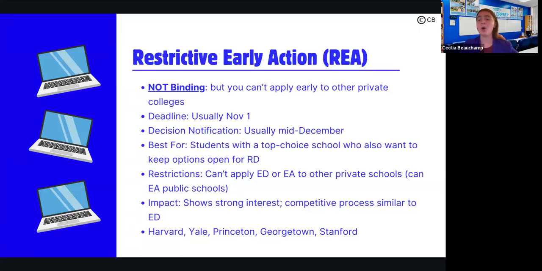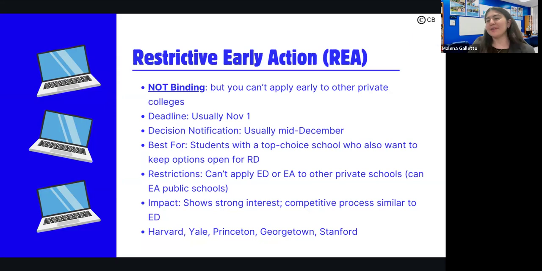So for me, I ended up REAing to a specific school and then doing a few regular decision applications. And I'm so glad I did that because once I got into Harvard regular decision, the coach offered me a spot on the team. And so that's a switch up that I did last second. But it was because I did restrictive early action and was able to not be bound to a school before I had all my options there.